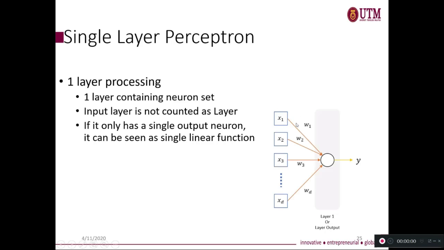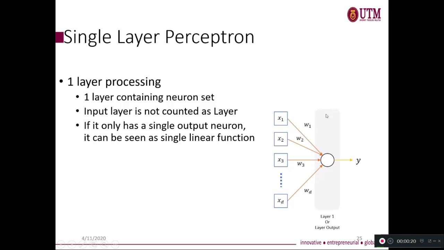Okay, we start with a single layer perceptron. In this picture, it shows what we call a single layer perceptron. The reason they call it a single layer perceptron is because you only have a single layer here.